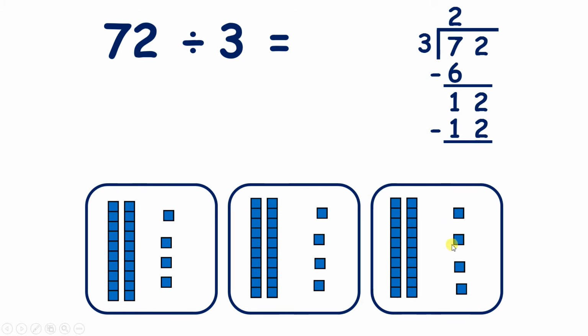And we have 4 units in each group because 12 divided by 3 is 4. Now 12 minus 12 is 0, which tells us that we have no remainder. So 72 divided by 3 equals 24.